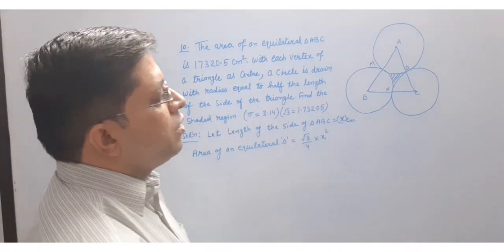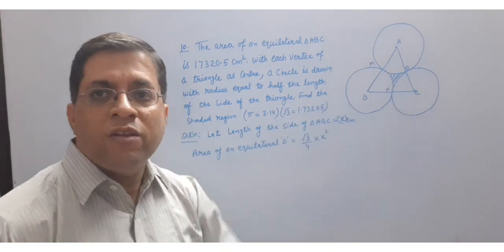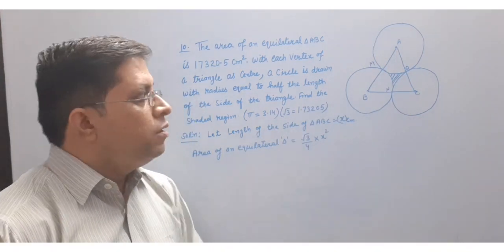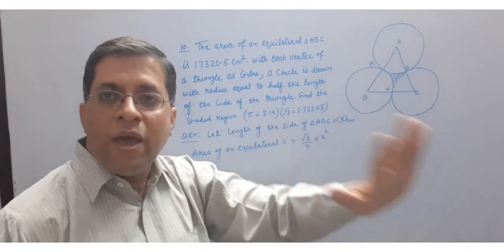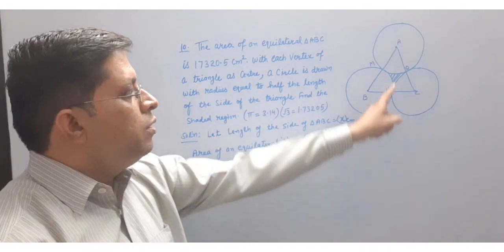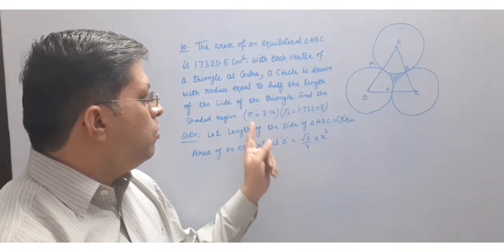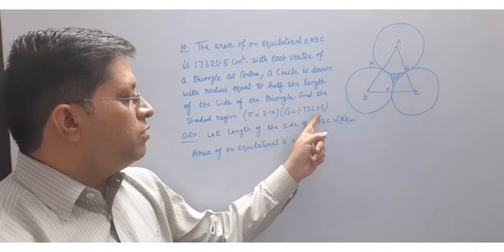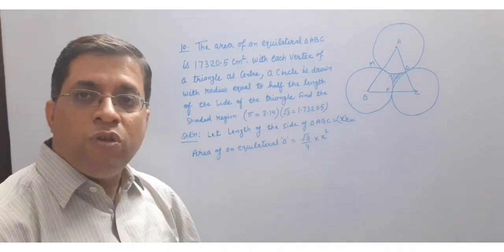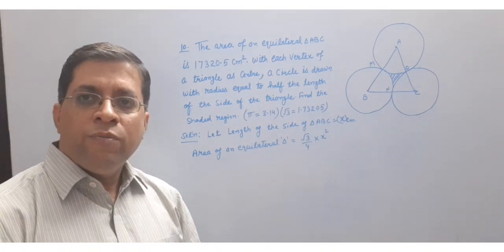The radius of the circle is x by 2. And length of the side AB equal to BC equal to CA, that is x. And you have to find the shaded area. Two more things are given to you: pi value is 3.14 and root 3 is 1.73205. Okay, come on.